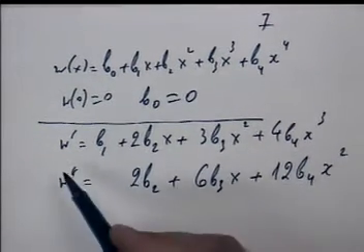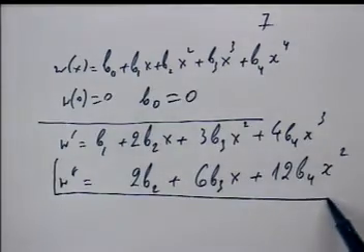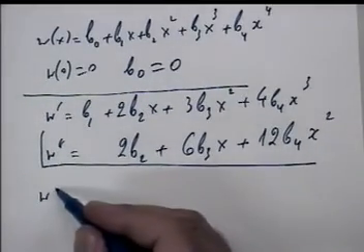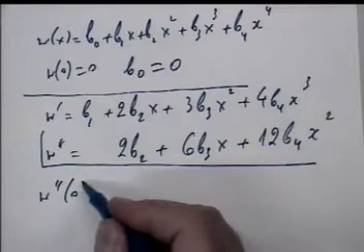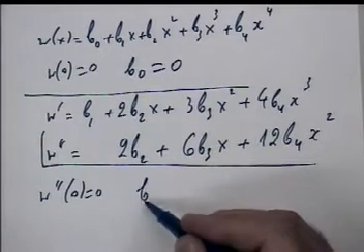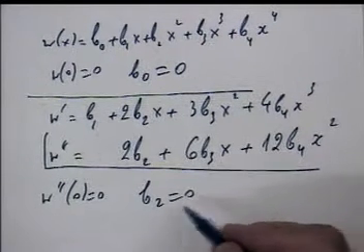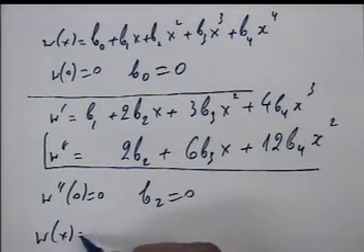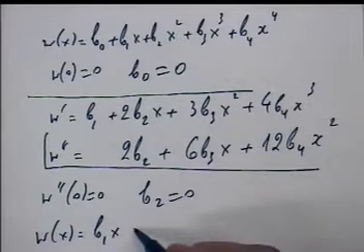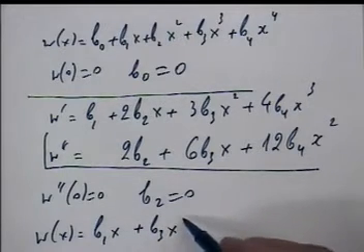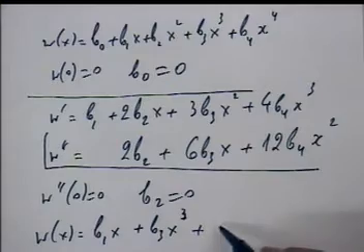Okay, we remember this. Now, w second derivative equals 0 at 0. Therefore, b2 equals 0. So it's the same, like we got before. Now I'm just rewriting. W of x equals b1x plus b3x cubed plus b4x in fourth power.